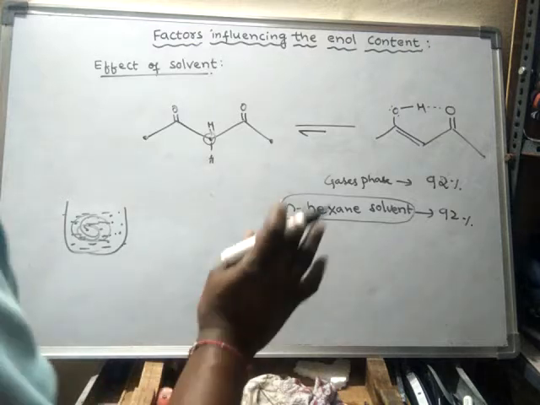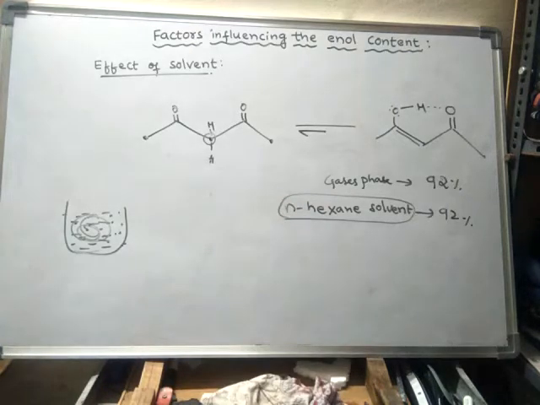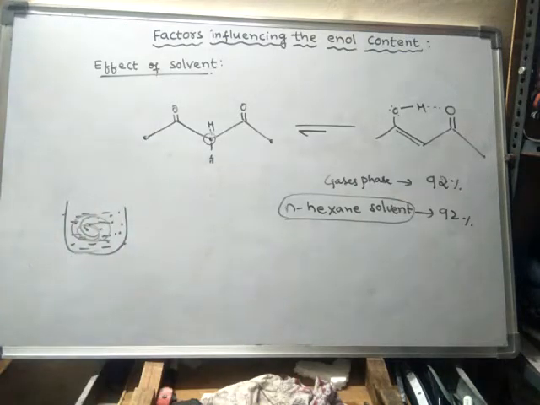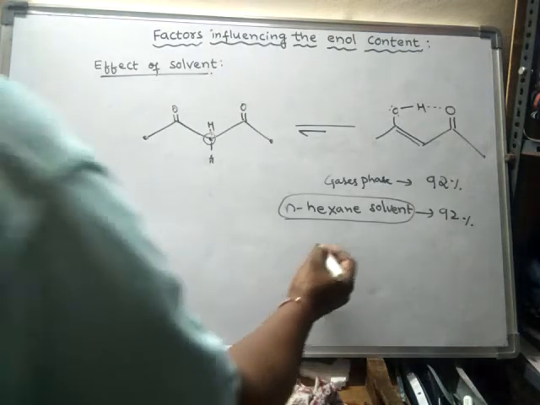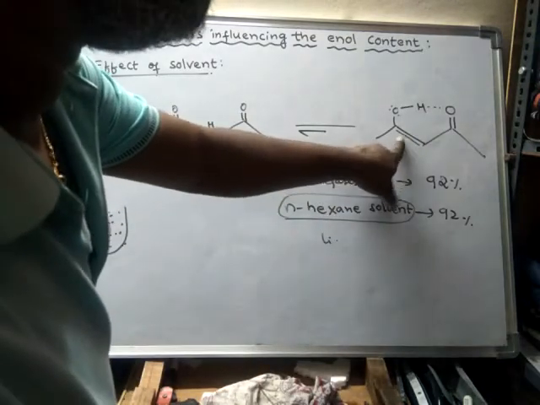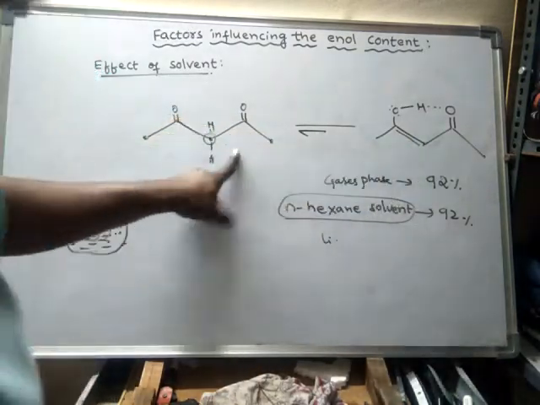Non-polar solvents will increase the enol content, whereas polar solvents will increase the keto content. Particularly polar protic solvents will increase the keto content. If it is in gaseous state, predominantly this will be in large amounts when compared to this form.